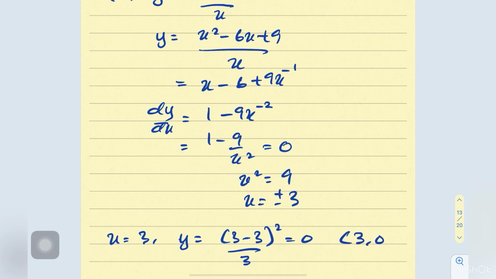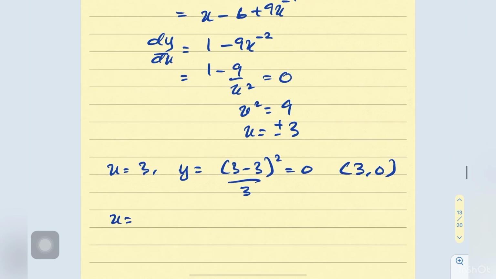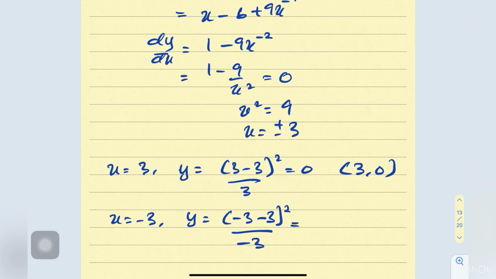So (3, 0). When x equals negative 3, y is (negative 3 minus 3) squared over negative 3, which equals negative 12. So the second coordinate is (negative 3, negative 12).